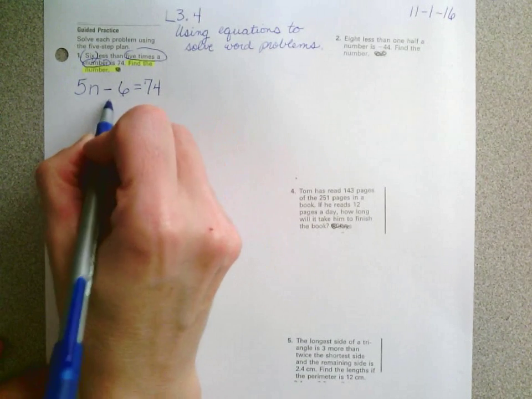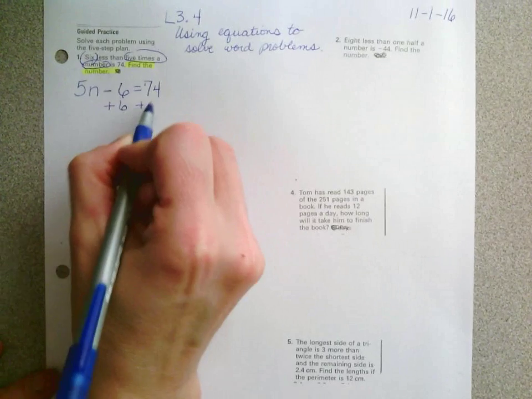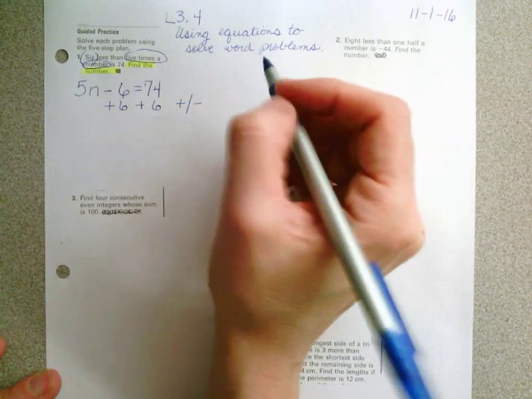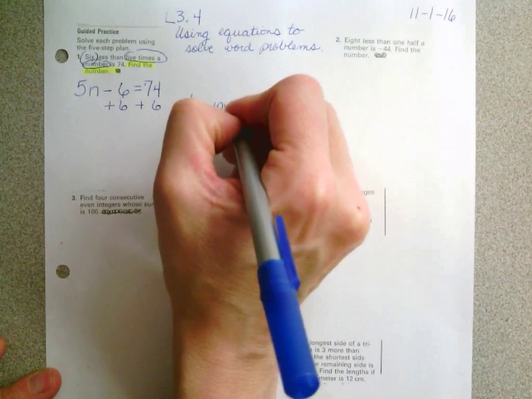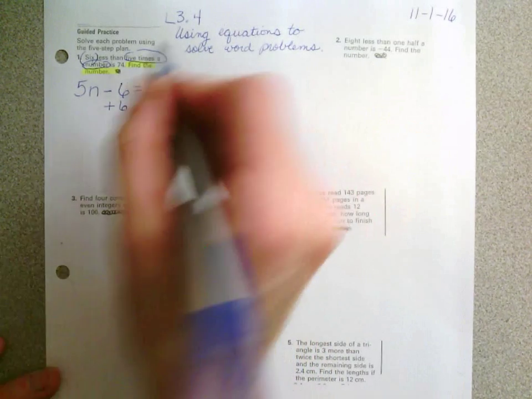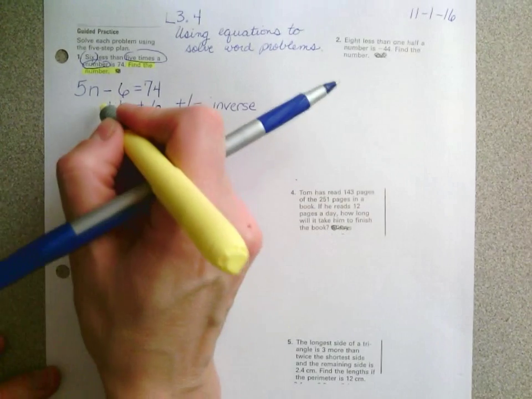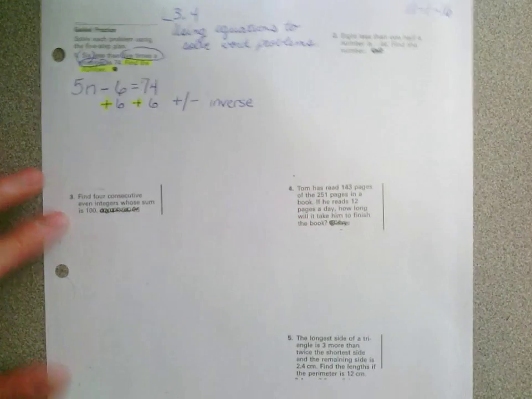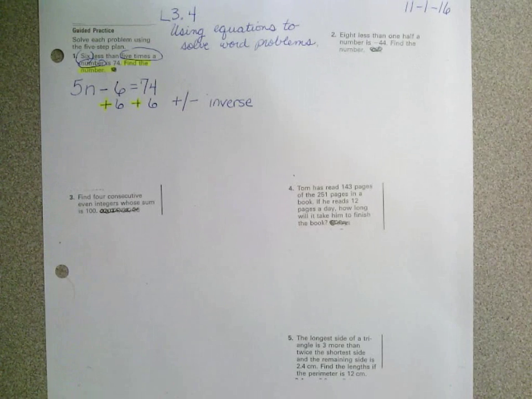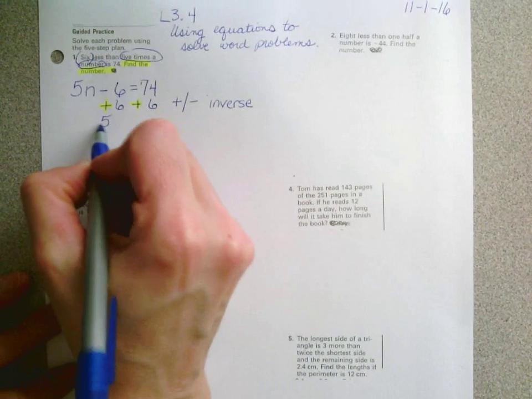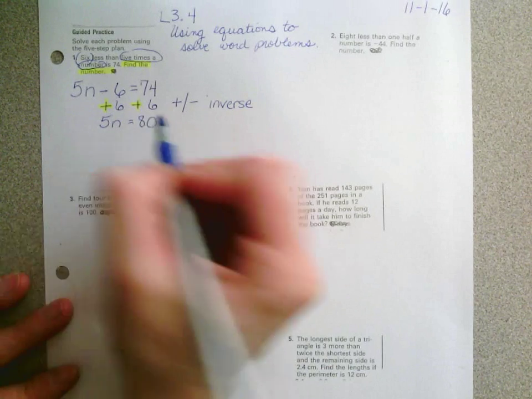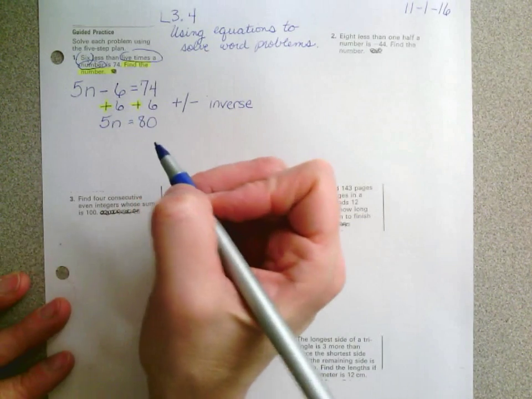To solve this, first you're going to get rid of your addition or subtraction step using the inverse of what it shows. In this case, it shows subtraction, so the inverse is addition. After you've done that, you end up with 80.